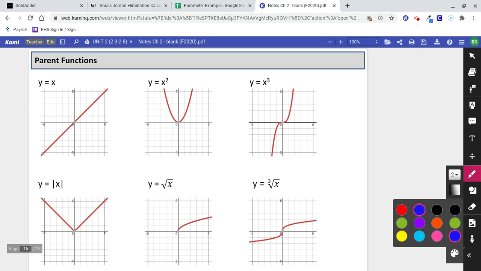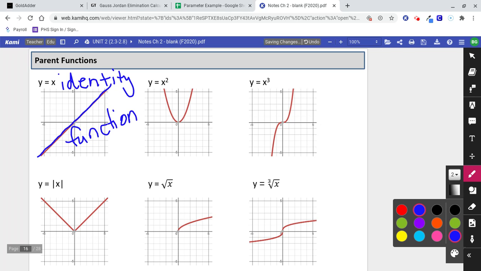One thing that's going to come up in one of your assignments is the linear function is called the identity function. They're just going to ask a question that says something like, which of these is the identity function?